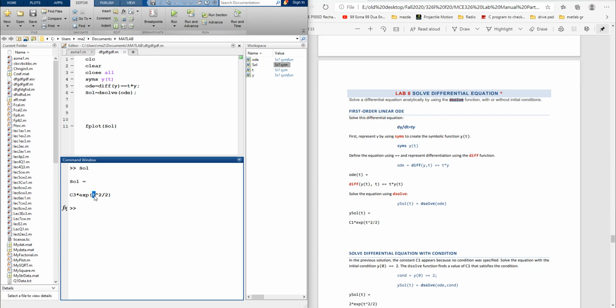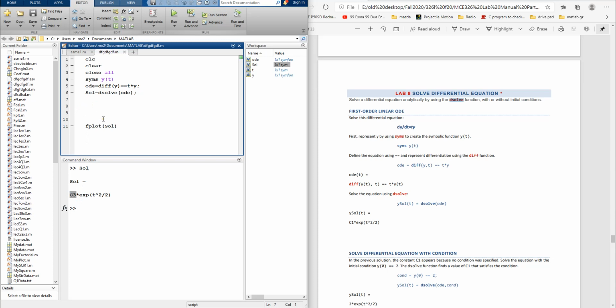When time equals 0, 0 to the power 2 will be 0, divided by 2 will be 0. Exponential of 0, I forgot, it is 1. That's right. So what's the value of C3? Imagine that we know that y of 0 equal to 1.